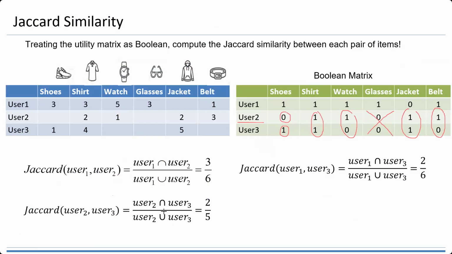So the union means when the two users share an item or at least one of them has the item, but if both don't have it, then we will not consider it. So the Jaccard similarity between user 2 and user 3 is 2 over 5. 2 means two items they have in common, this is the intersection, and five items are where at least one of them has it.